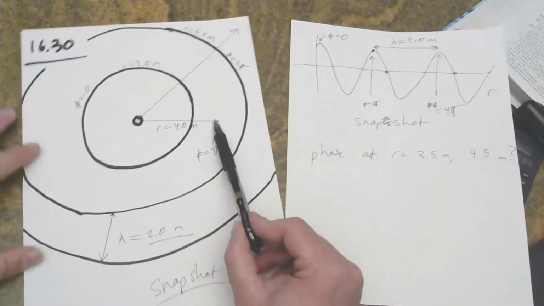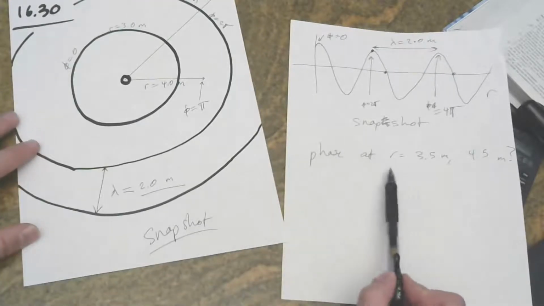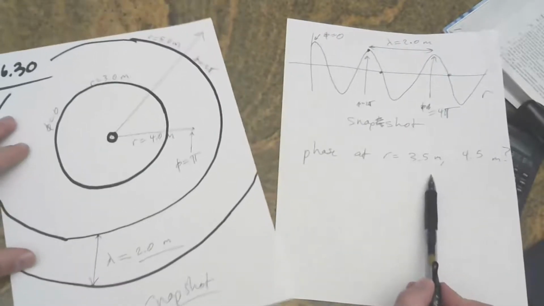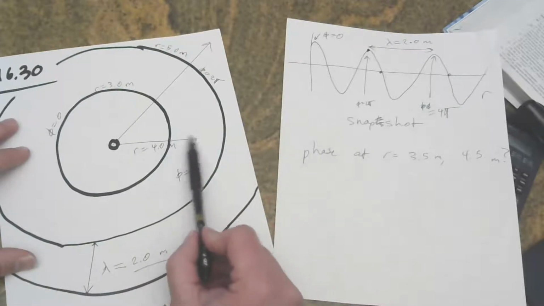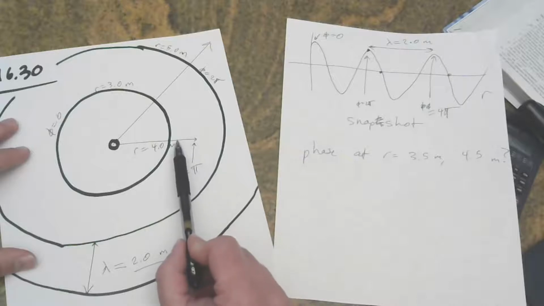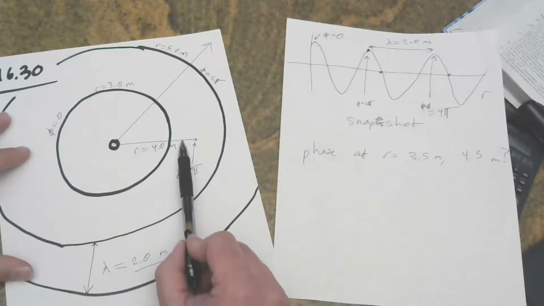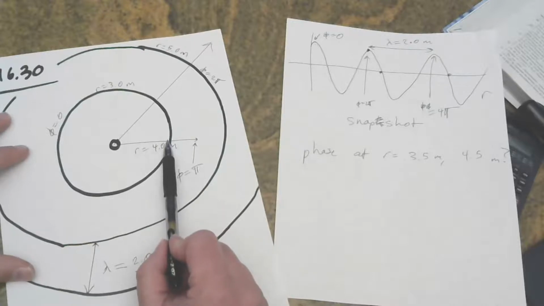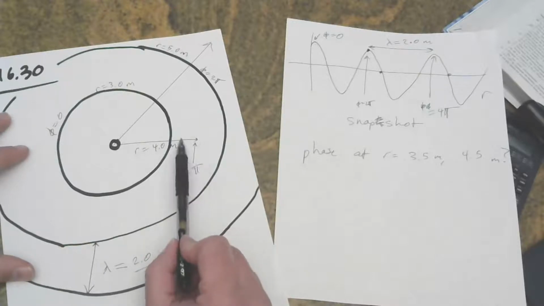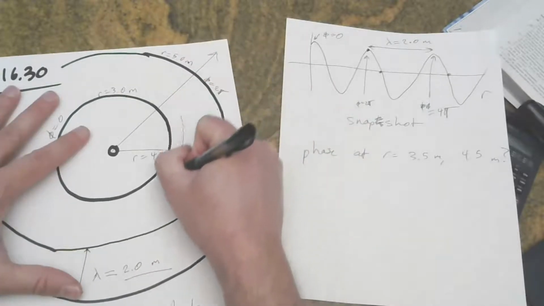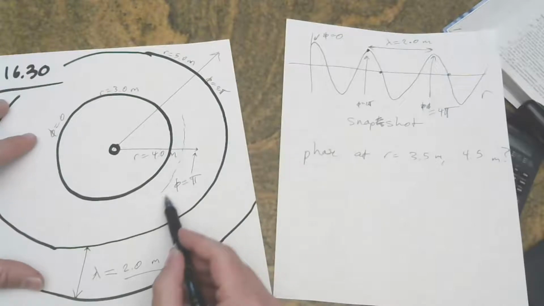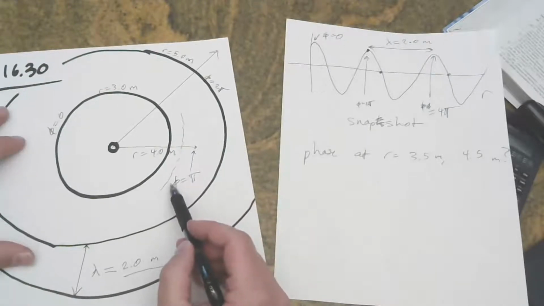So if we're at a distance of 3.5 meters, what would the phase have to be there? Well, if this is 3 meters from the source and this is 4 meters, 3.5 meters would be right here in the middle. And you can see that's halfway between a phase of 0 and a phase of pi. So evidently, the phase right here, if I want to draw that wavefront, this is at 3.5 meters, the dotted line here, that would have to be a phase of pi over 2.